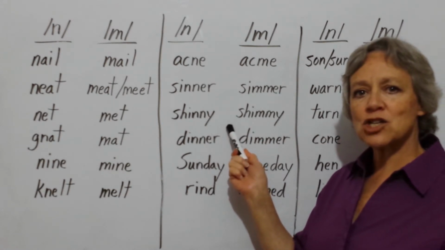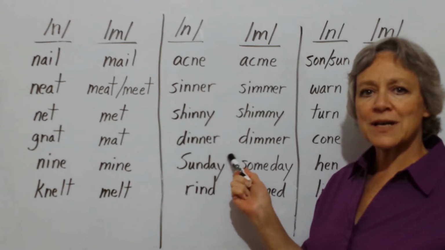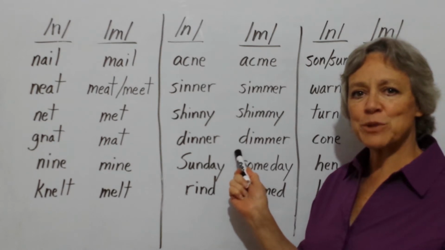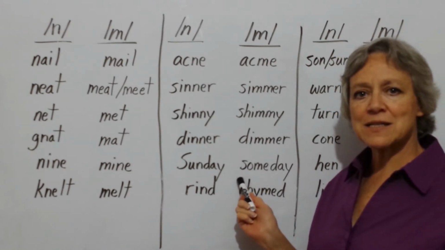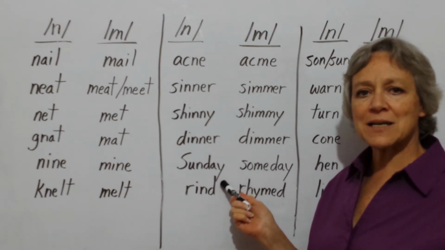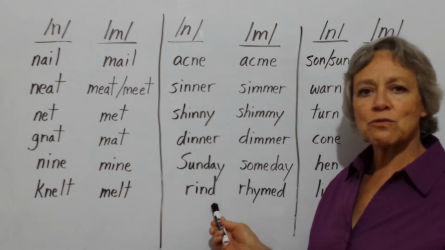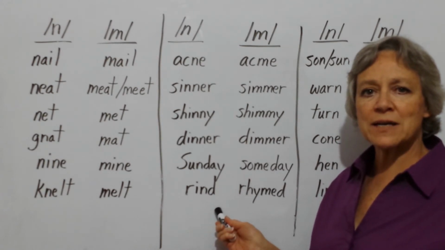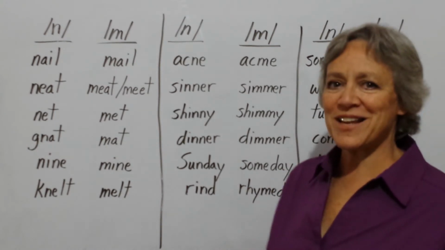Dinner, dimmer. Sunday, someday. Rind, rhyme. Okay, now let's do the last 2 columns.